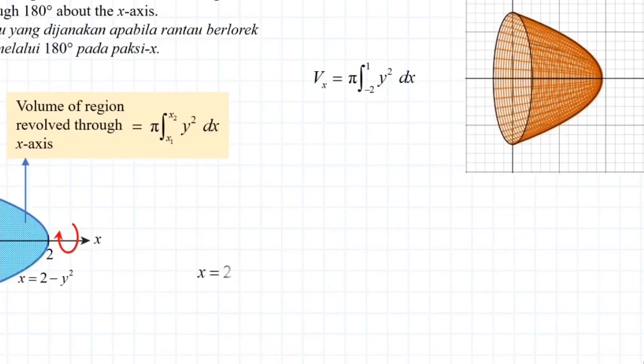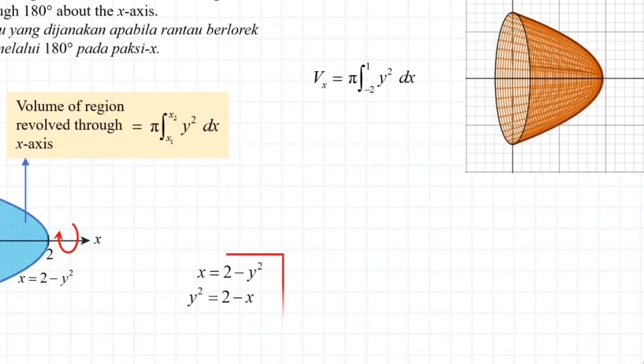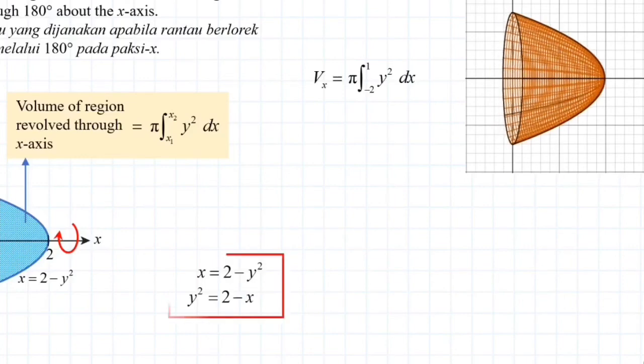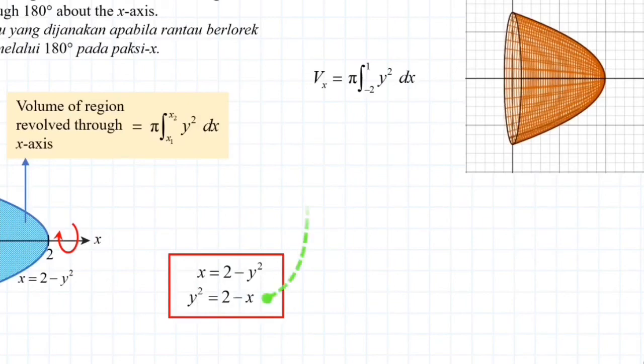So you just substitute 2 minus x into the formula. So V is pi integrate from 0 to 2, not negative 1, not negative 2 to 1. Integrate from 0 to 2 of 2 minus x dx. And then you integrate carefully. Please do not square again, because the function already comes with y squared.